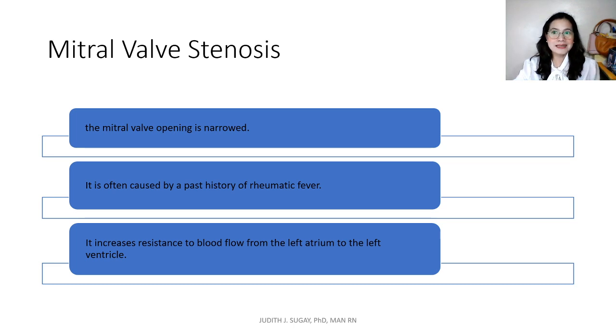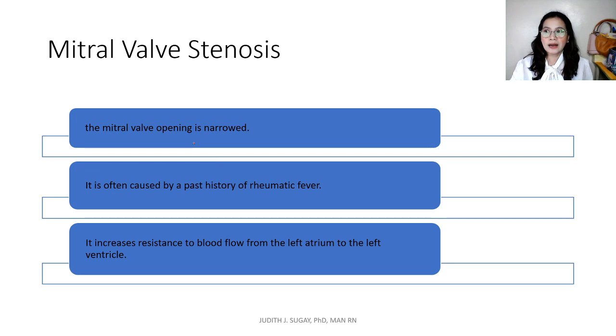So here are the signs and symptoms of mitral valve stenosis. With this valve disease, as we've mentioned, the mitral valve opening is narrowed, often caused by a past history of rheumatic fever.